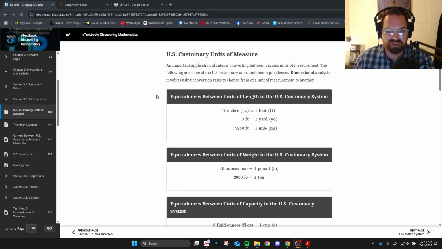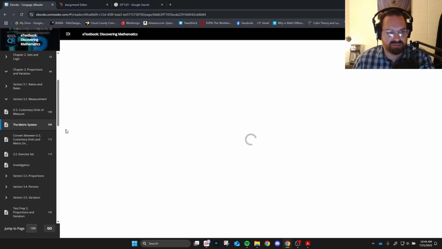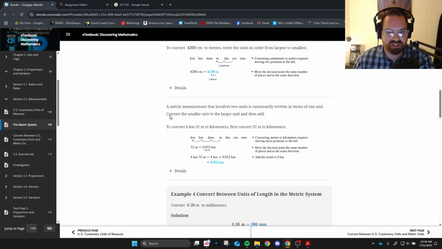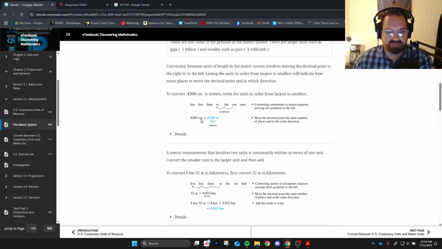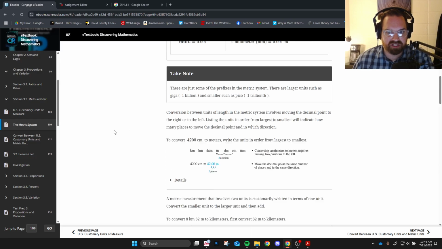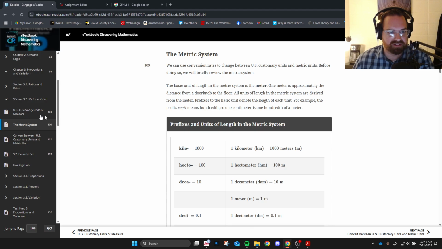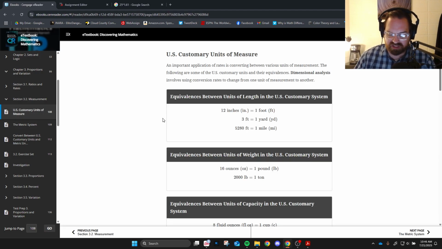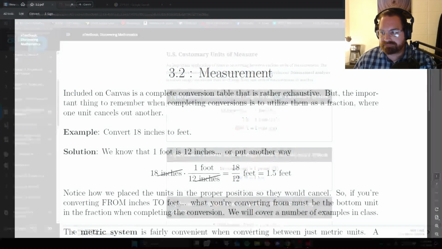It's got all of these unit conversions. It's got the metric system, a good explanation of the metric system, some good explanations of how this all works. And so I'd really encourage everybody to go and check this stuff out as you're working on these homework assignments, because the content is really top notch, I would say. So let me go back to our notes here.